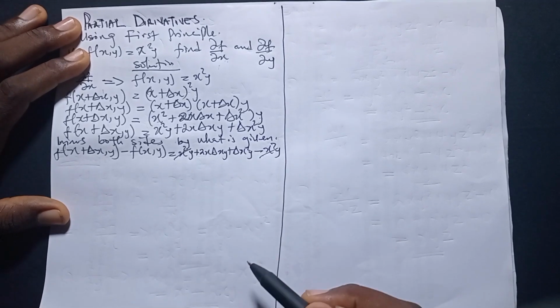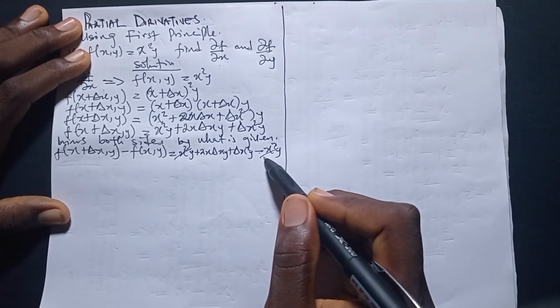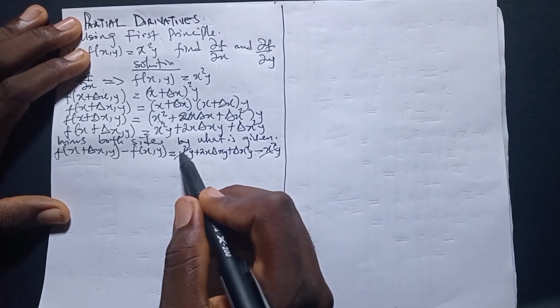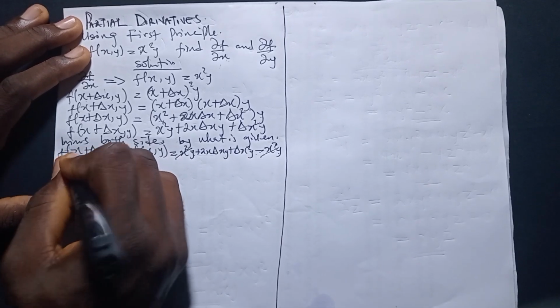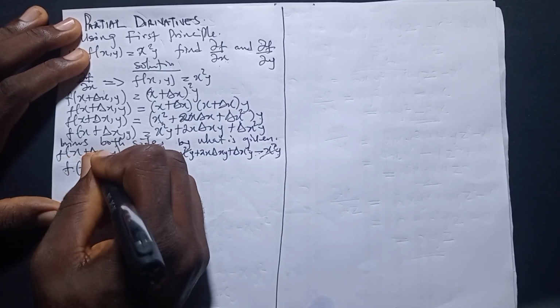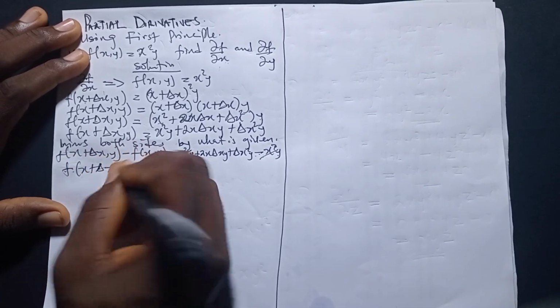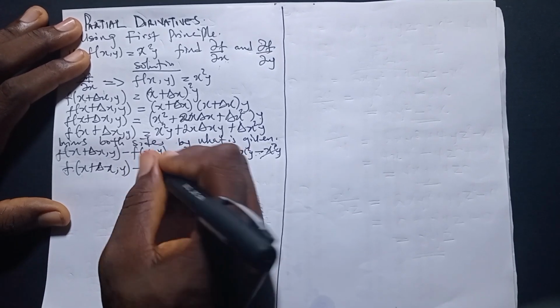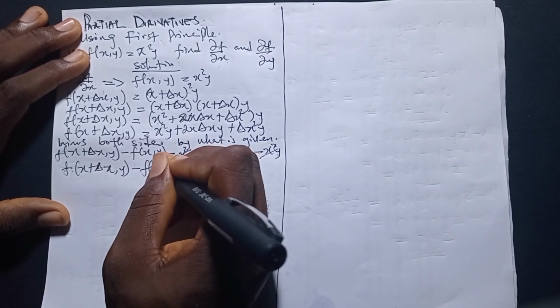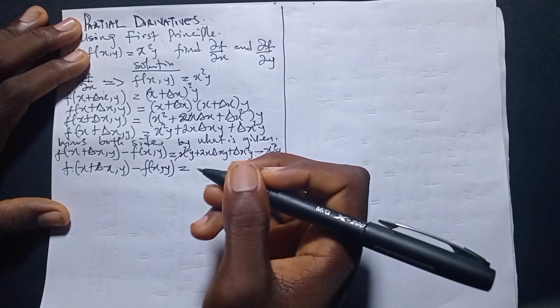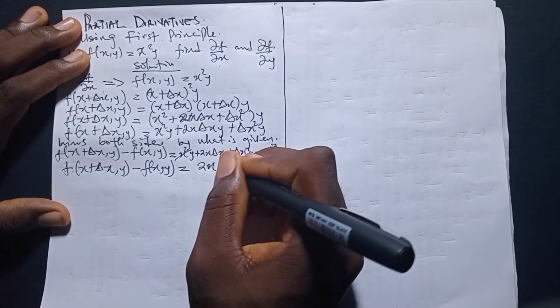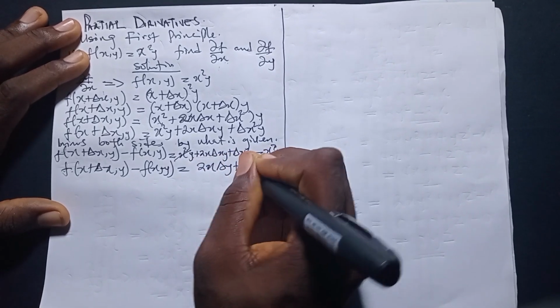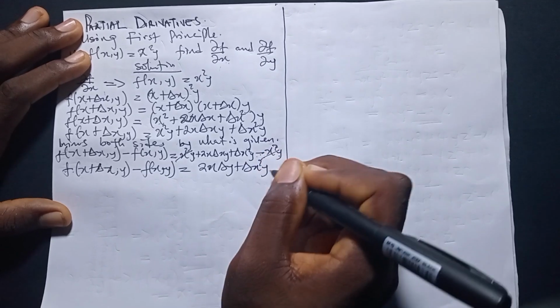So you are left with f of x plus change in x, y minus f of x, y equals 2x change in x y plus (change in x) squared y.